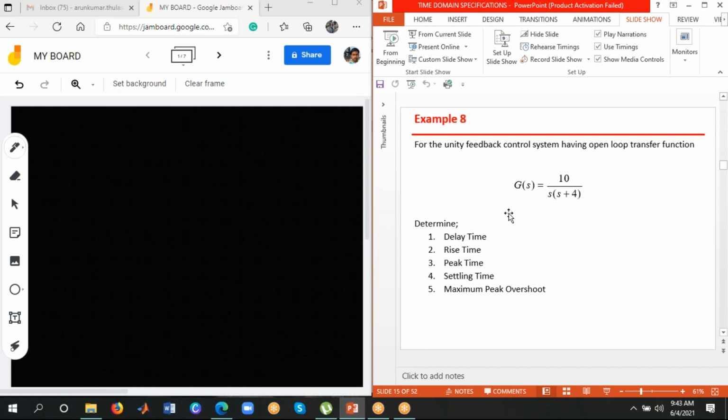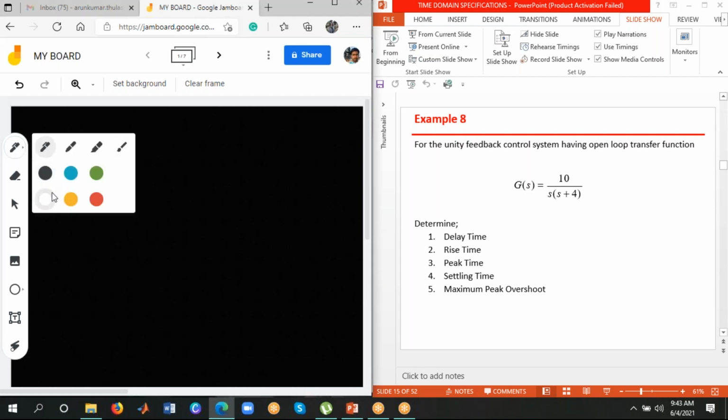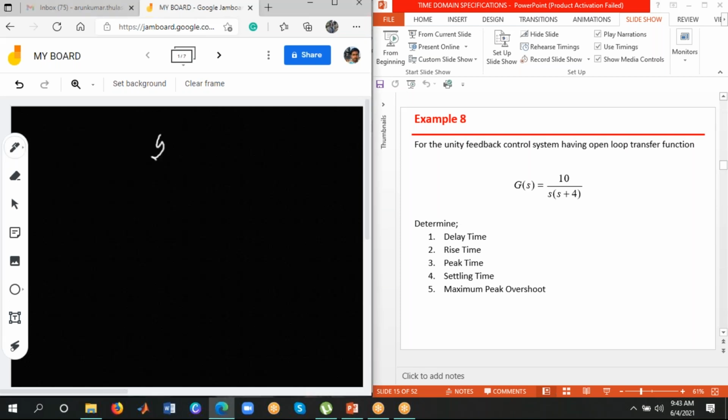Right. So first, what is the value of omega n and what is the value of zeta? Tell me these 5 answers: TD, TR, TP, TS and this.